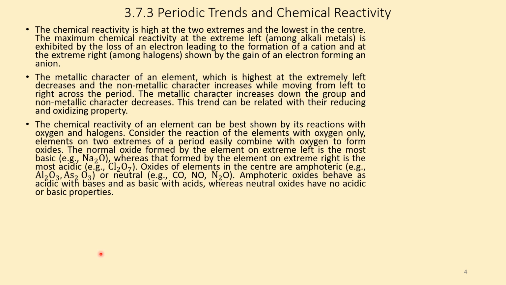Oxides of elements in the center are amphoteric, example Al2O3, As2O3, or neutral, example CO, NO, N2O. Amphoteric oxides behave as acidic with bases and as basic with acids, whereas neutral oxides have no acidic or basic properties.